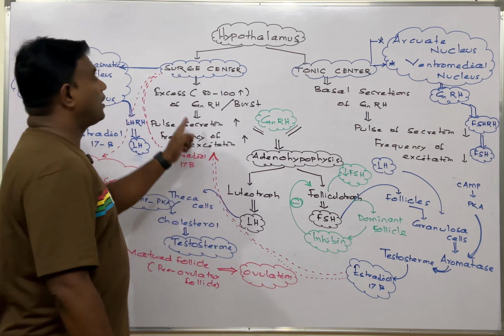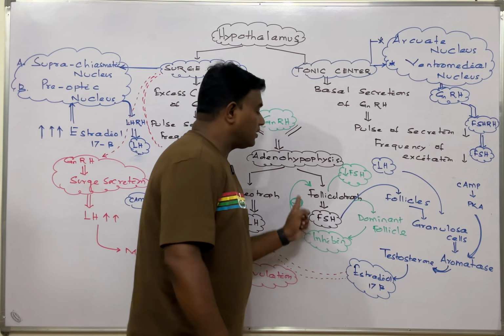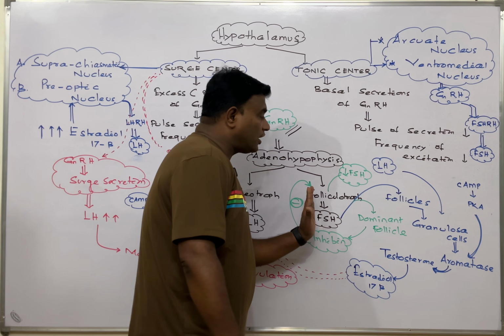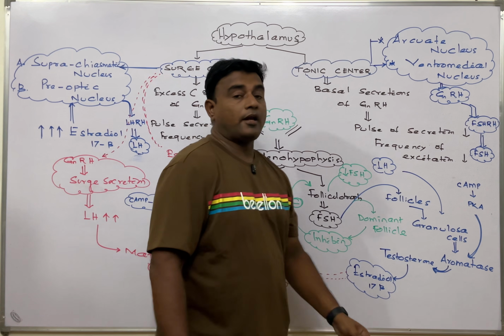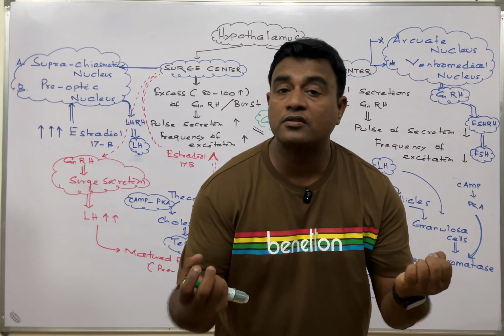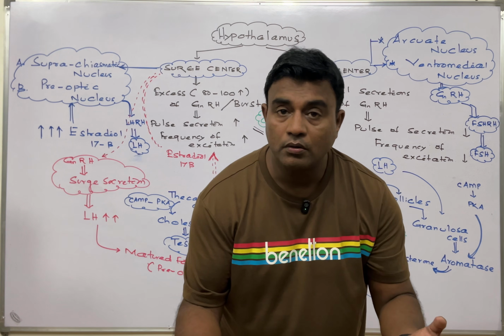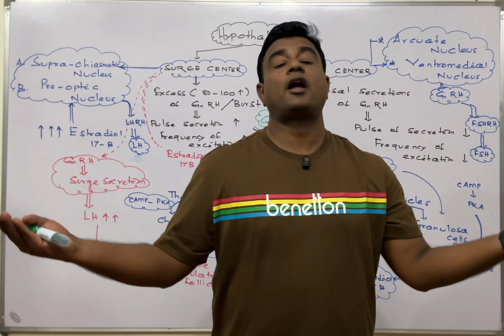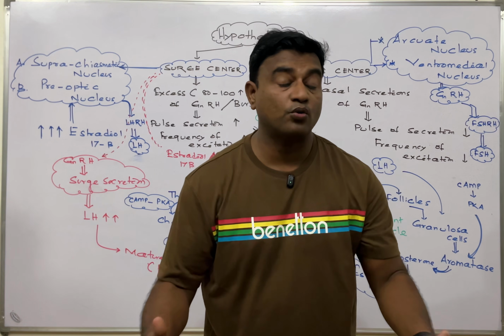The estradiol is here, but the inhibin is here. Due to this, FSH will fall, and those follicles which failed to develop the LH receptors undergo degeneration, or atresia. That is the whole story.